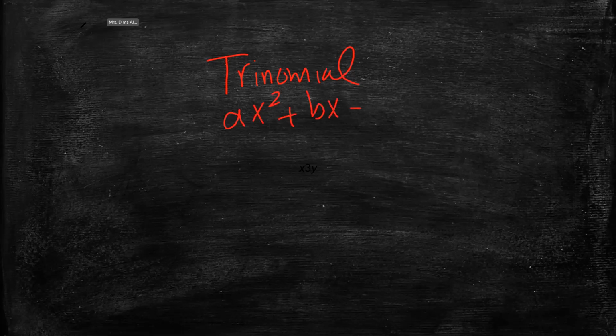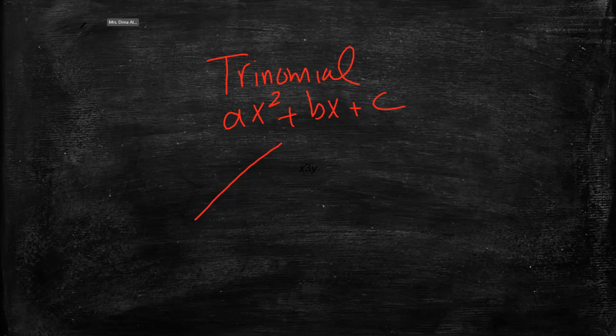So the first way, I mean that it could have a trinomial like ax squared plus bx plus c. Now for this trinomial, you can factorize it in two ways.